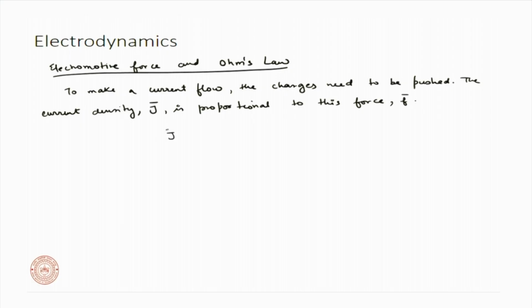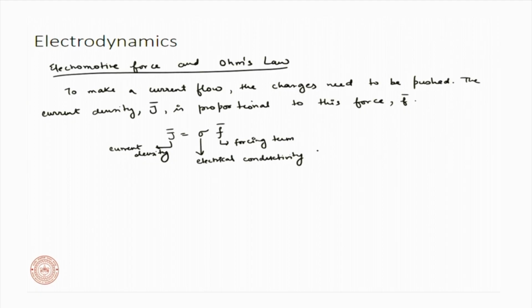So, there is a relation which shows direct proportionality between the forcing term and the current density, and the proportionality constant is called the electrical conductivity of the material.